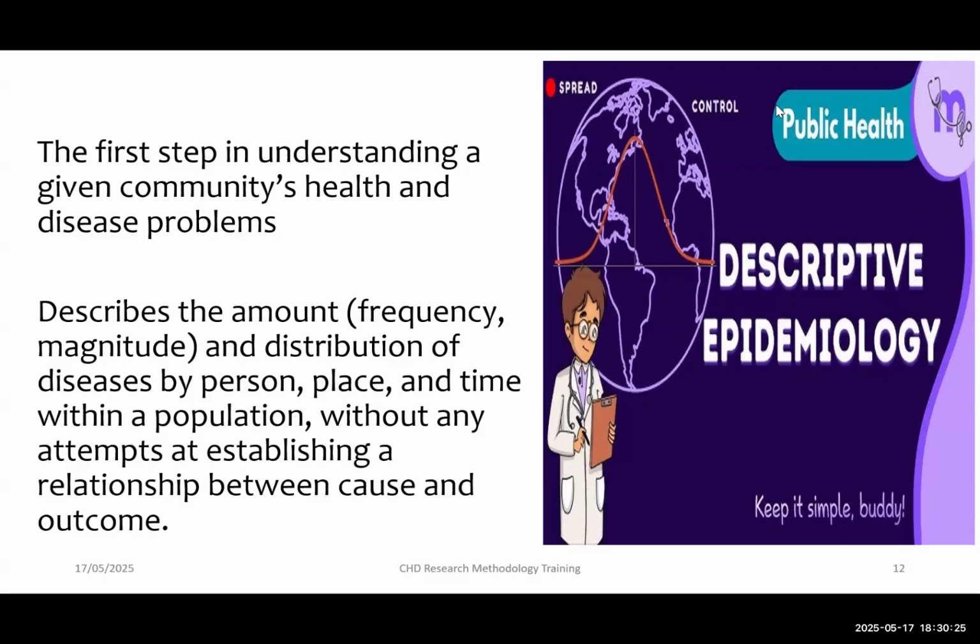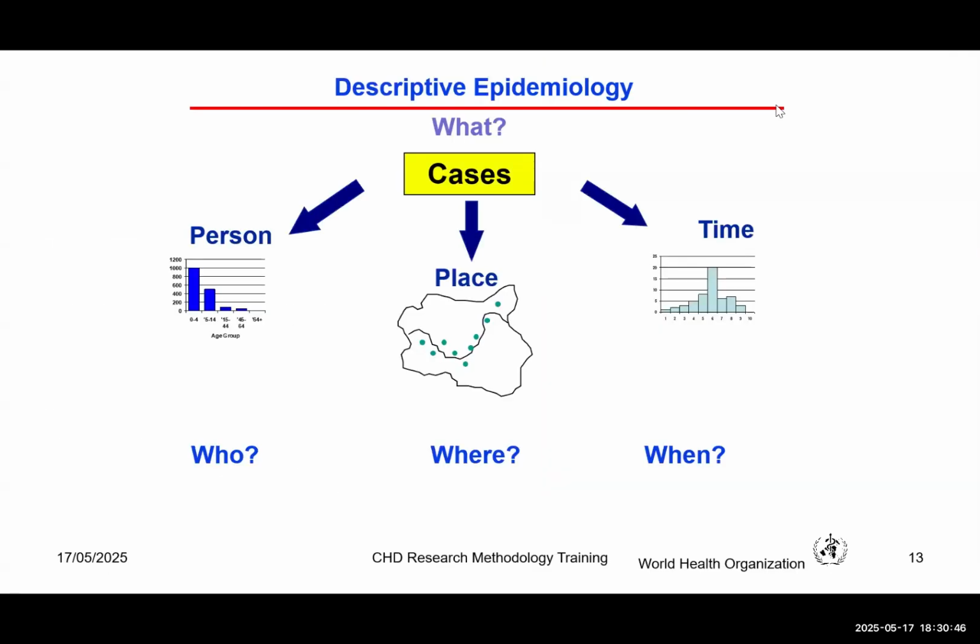Is this something that is time dependent? It just describes the amount and the way the disease is distributed, without attempting to find any relationship between the exposure and the outcome, or the cause and the outcome. It just describes what is going on.